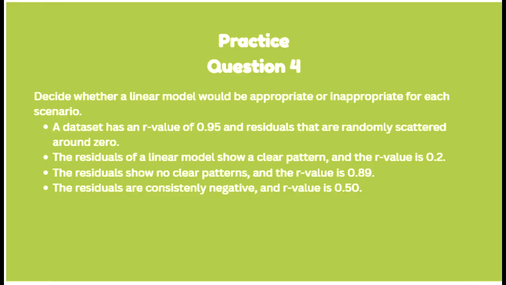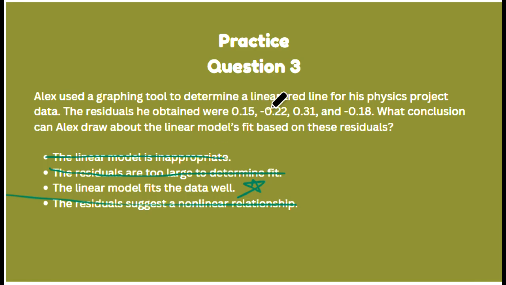Practice question number 4. Decide whether a linear model would be appropriate or inappropriate for each scenario. A data set has an R value of 0.95 and residuals that are randomly scattered around 0. Okay, so the R value of 0.95 means it's a positive slope, and residuals that are randomly scattered around 0 means that they're all pretty close to 0, so they're small numbers just like we saw here.